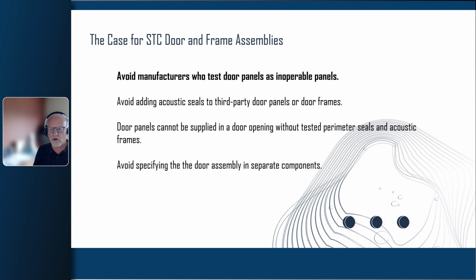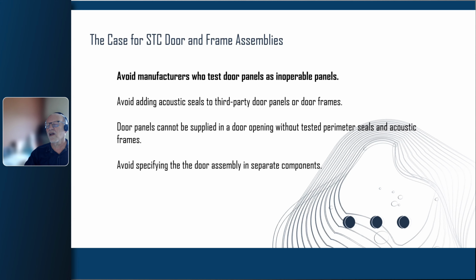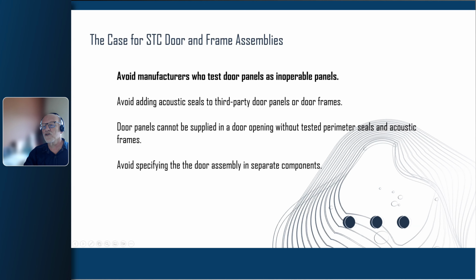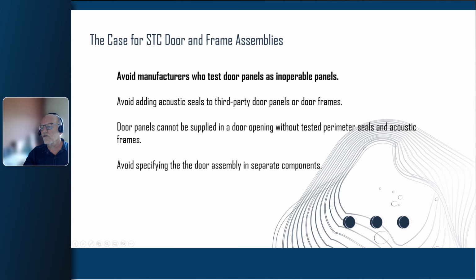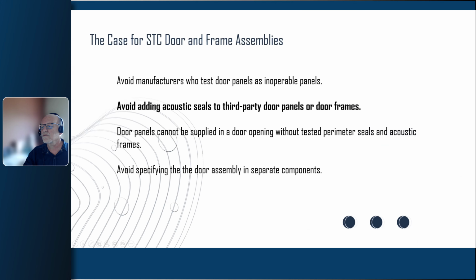It's an operable door, and that's what the ASTM standard demands, that the door be opened and closed in the lab before the test. So be on the lookout for whether the door is tested as an operable or inoperable panel. You want to make sure that the acoustic seals are part of that assembly. That's absolutely essential. And again, you don't want to specify the door assembly in separate components.